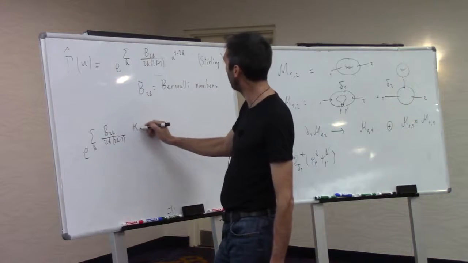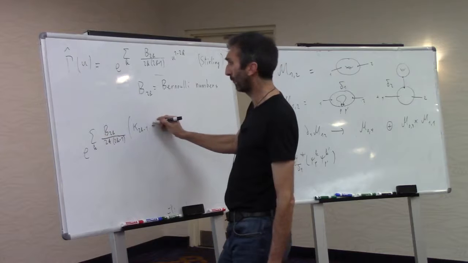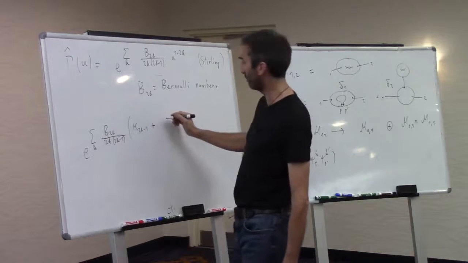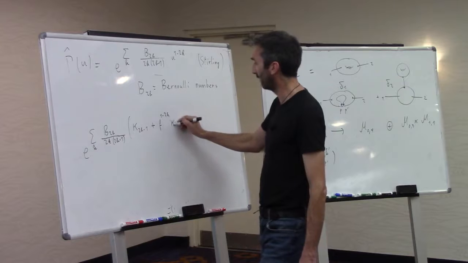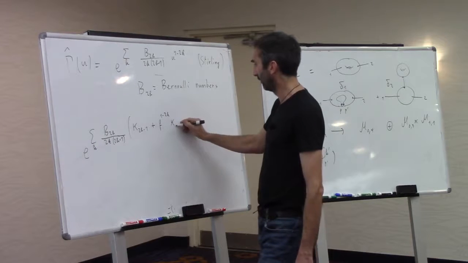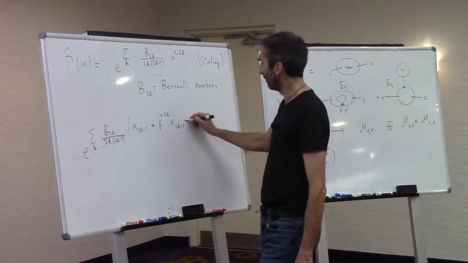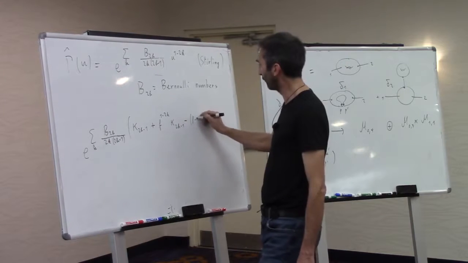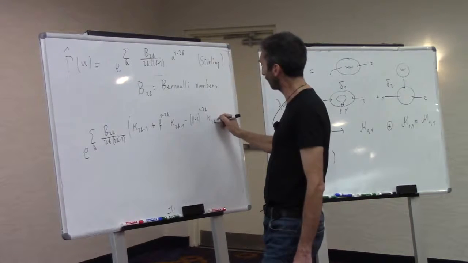kappa 2k minus 1, plus 1 over f to the 1 minus 2k kappa 2k minus 1, minus f minus 1 to the power of 1 minus 2k, kappa 2k minus 1.